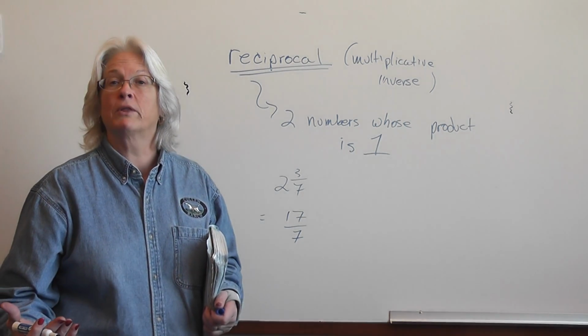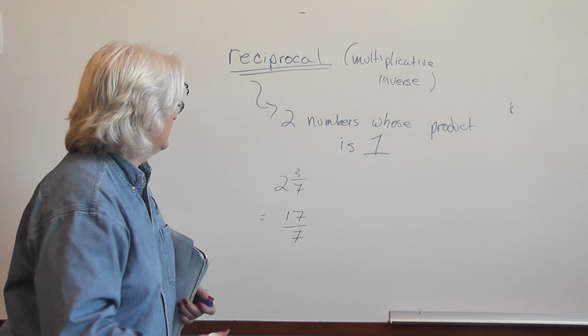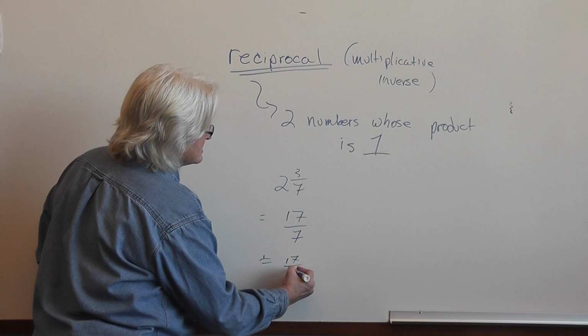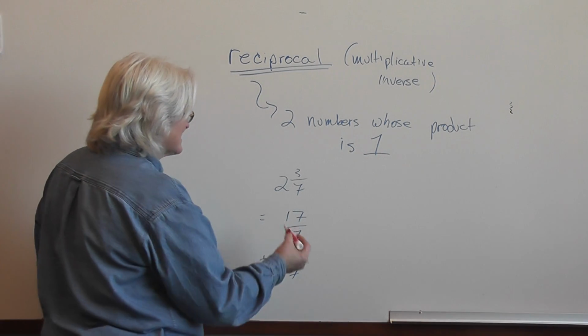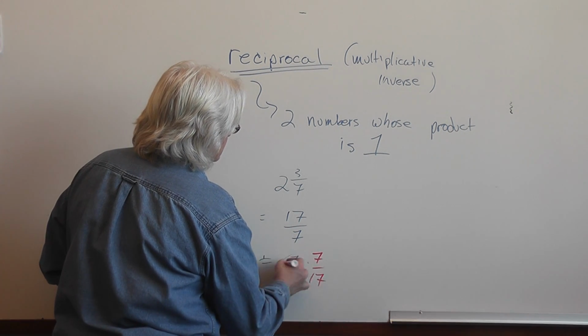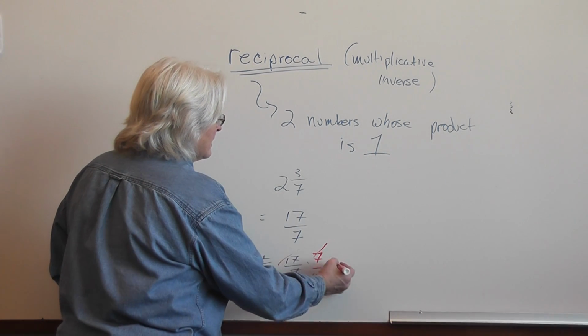If we wanted to know what the reciprocal of 17 over 7 is, turn it on its head, and you would see that a number, 17/7, multiplied by the reciprocal of that number, you have common factors of 17, common factors of 7.